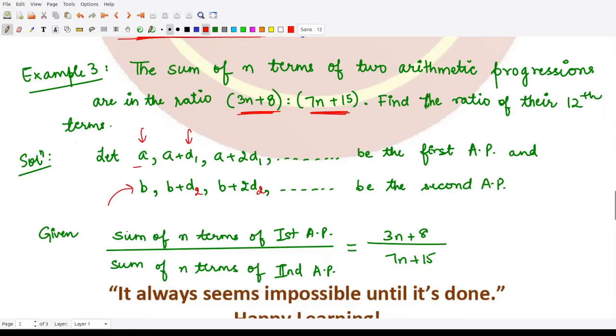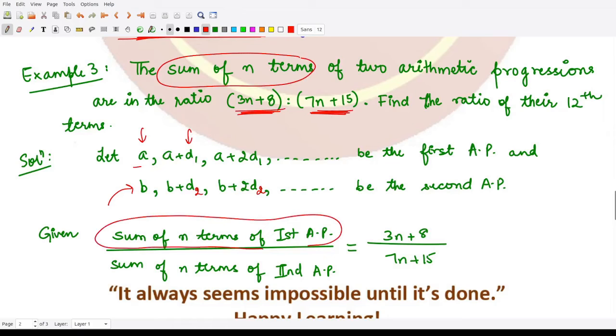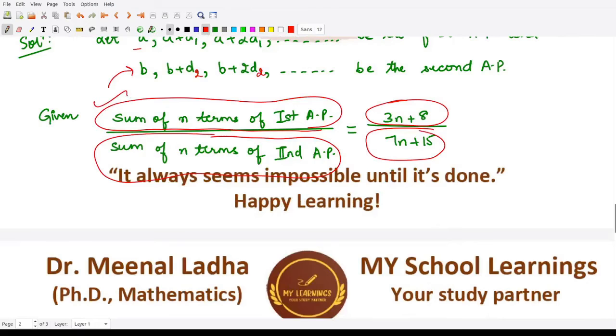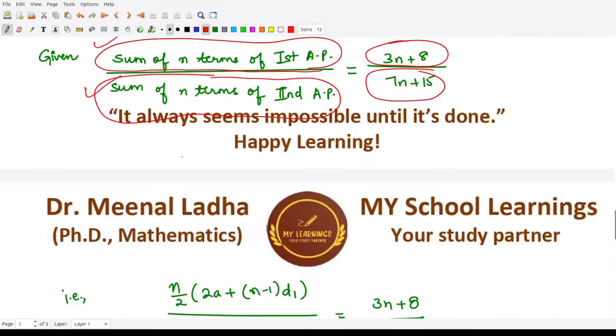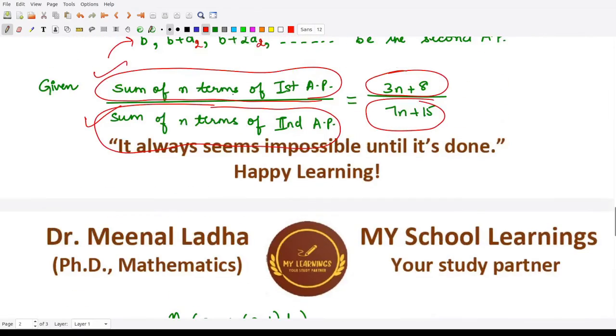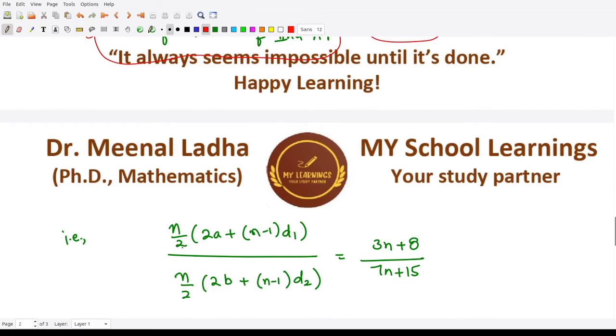Now we are given that the sums of the first n terms of each AP are in this ratio. So the sum of n terms of the first AP divided by the sum of n terms of the second AP is 3n plus 8 divided by 7n plus 15. Now we can substitute the formulas for the sum, right? The sum of the first n terms of the first AP is n by 2 times 2a, where a is the first term of the first AP, plus n minus 1 times d1, the common difference of the first AP.